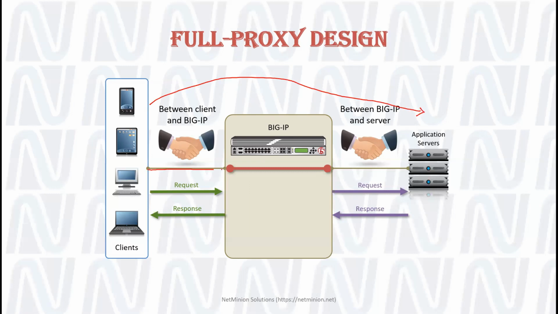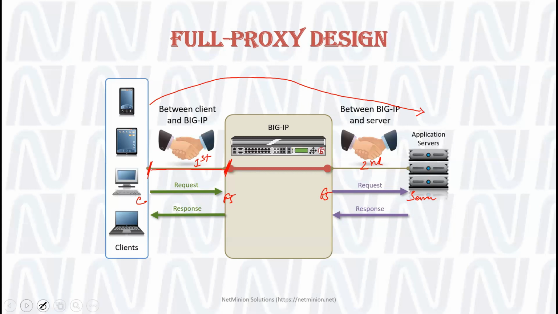Your request is breaking on the F5, so your packet is now divided into two halves. The first is between client and F5. The second is between F5 and server. Making sense?